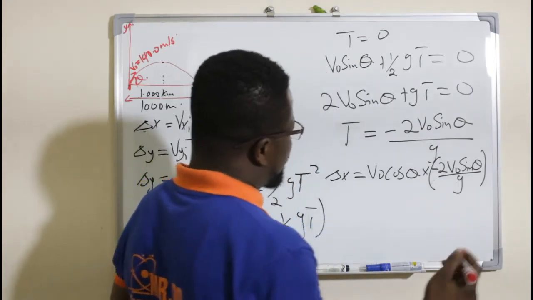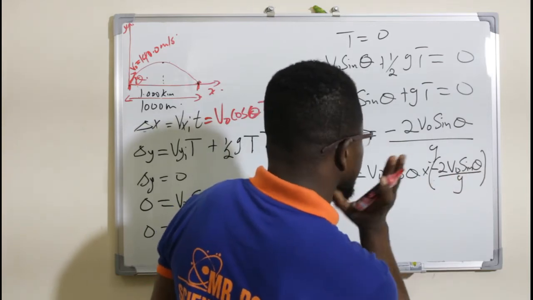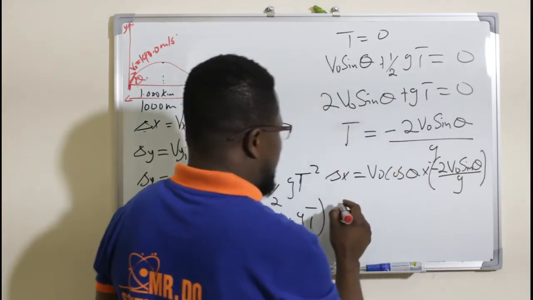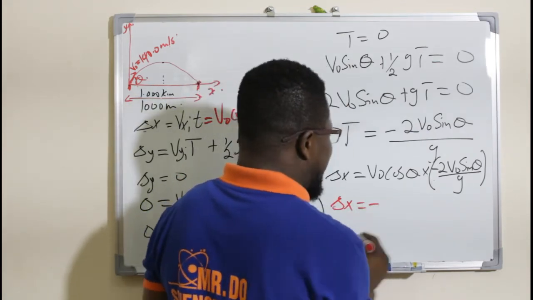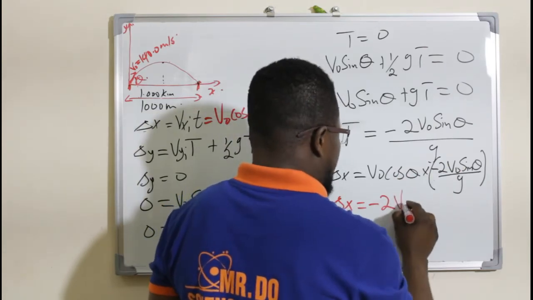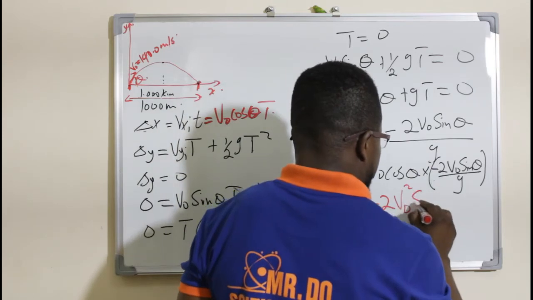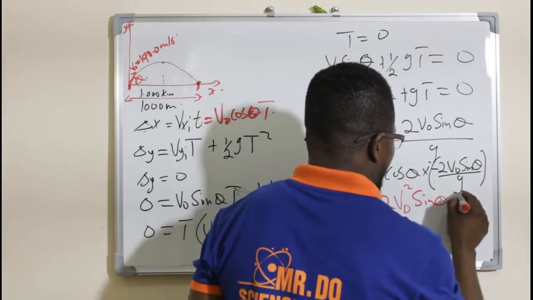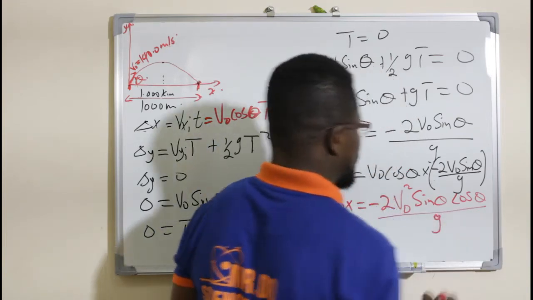So if I want to solve from here, if I multiply all these out, what am I going to get? I'll get change in x is now equal to negative 2 v naught multiplied by v naught, which is v naught squared, and this is now sine theta cos theta all over g.